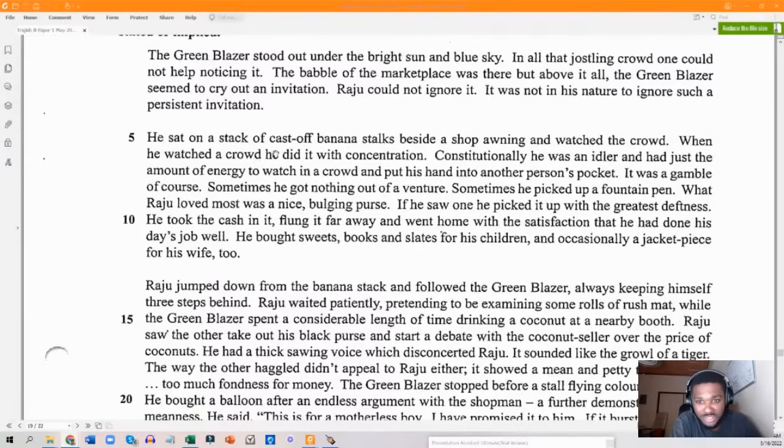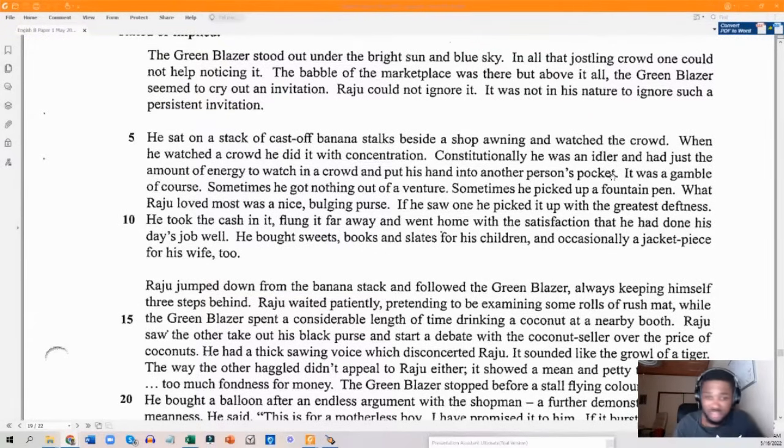He sat on a stack of cast-off banana stalks beside a shop awning and watched the crowd. When he watched a crowd, he did it with concentration. Constitutionally, he was an idler and had just the amount of energy to watch in a crowd and put his hand into another person's pocket.